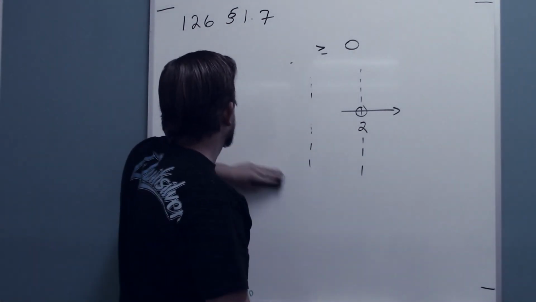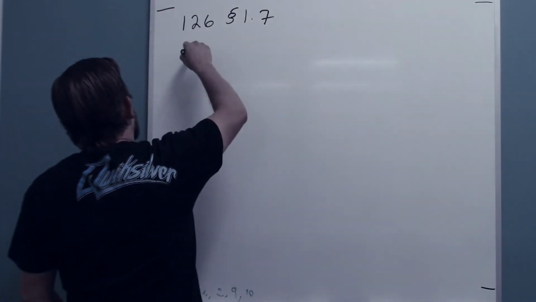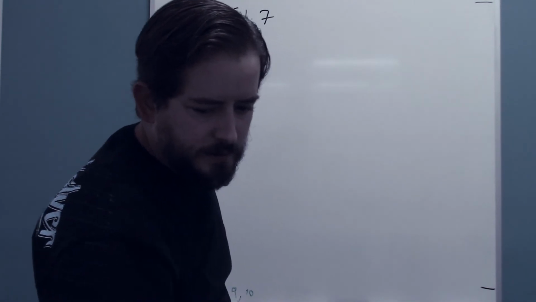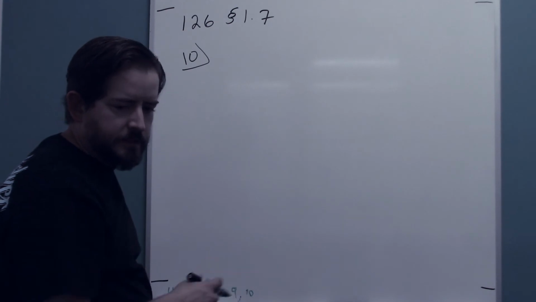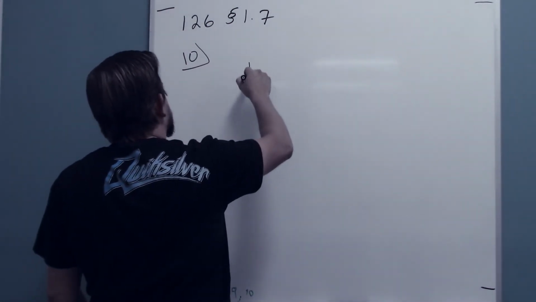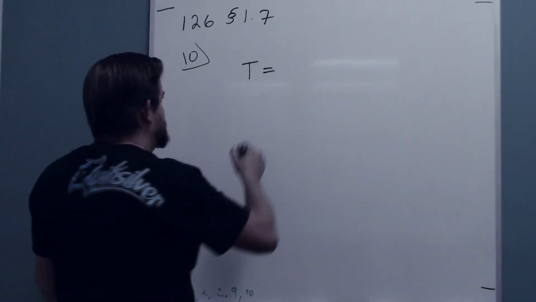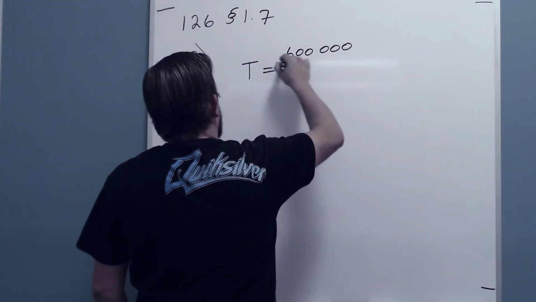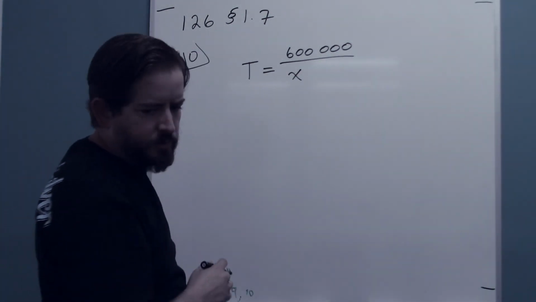Let's move on and take a look at number 10. Says the temperature in Celsius, x meters from the center of a bonfire, is given by T equals 600,000 divided by x squared plus 300.